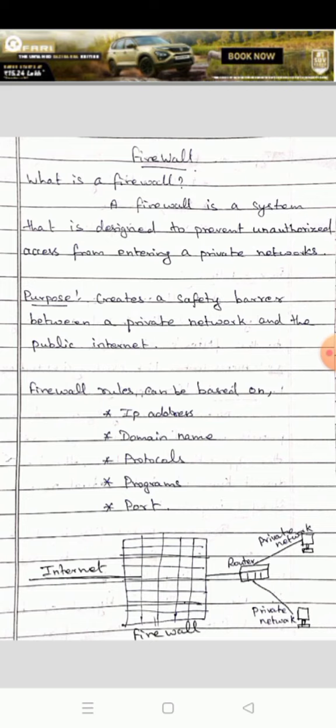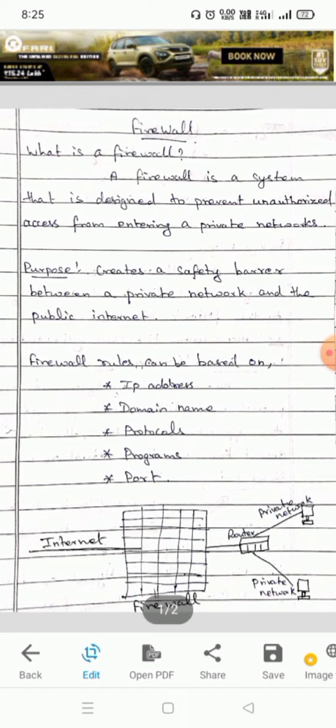It creates a safety barrier, a safety guard, between the network and our system. It creates a safety barrier between the private network and the public internet. The private network is our own system that we are using, which is also represented as a host.